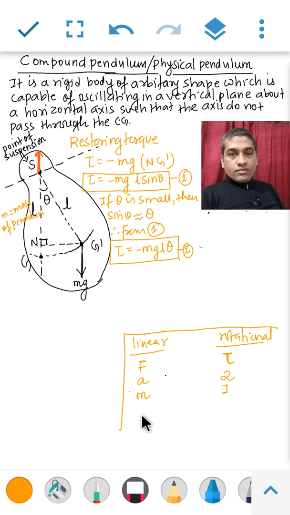Now for linear motion we take linear displacement x, or linear distance x. And for rotational motion we take angular displacement theta.